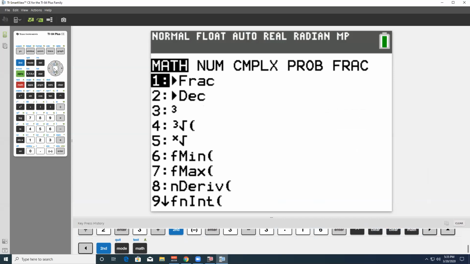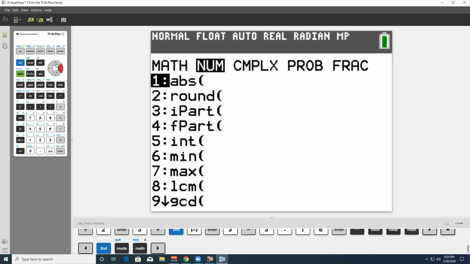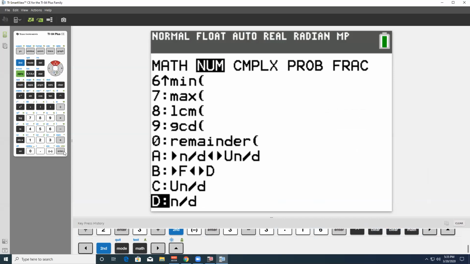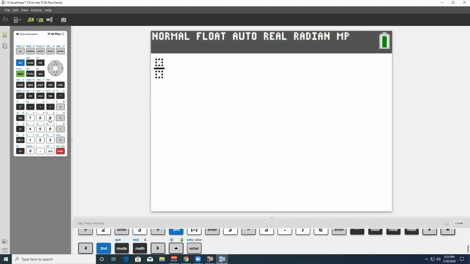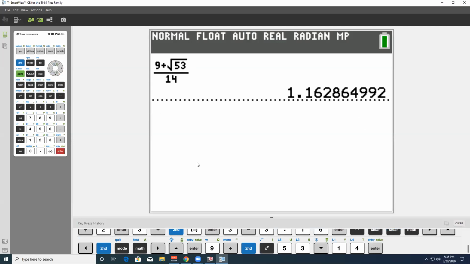Hit the math button, go over to number, scroll up, and right there, the first option, N over D. Hit enter. And now type in what we just wrote. 9 plus second square root 53 over 14. Enter. 1.16 right away. Beautiful.